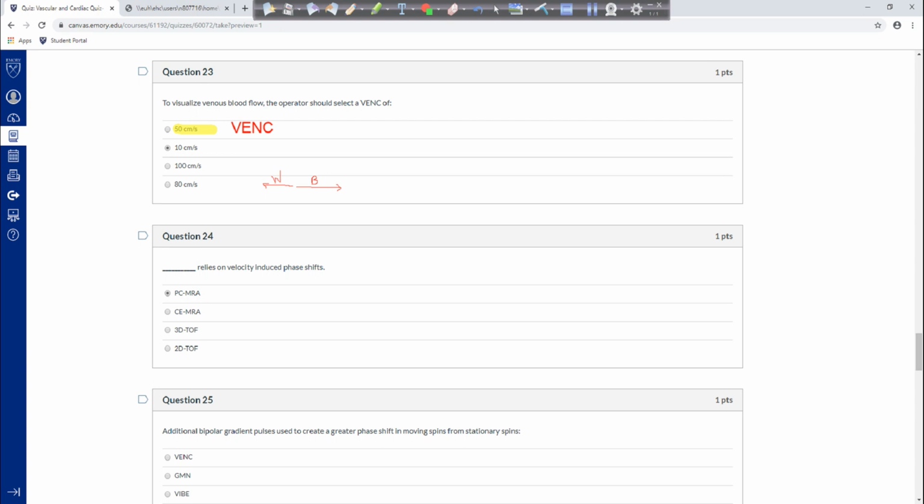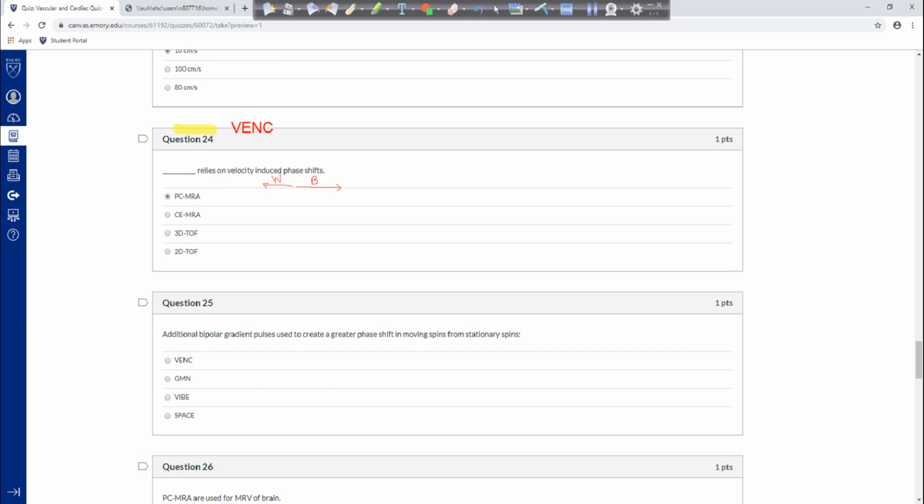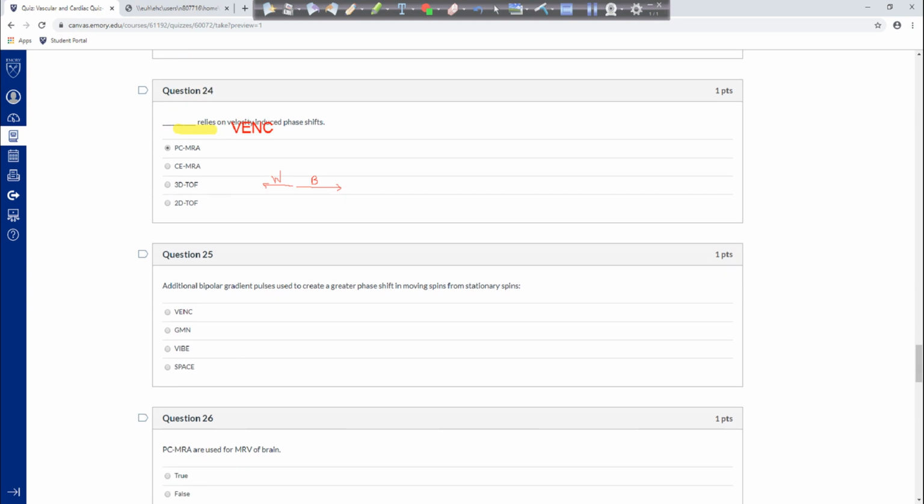It has the best background saturation out of the group. Those additional bipolar gradients we talked about are those of velocity encoding.